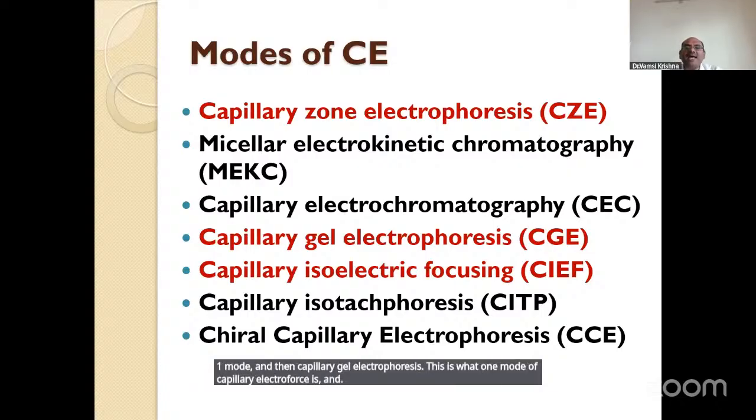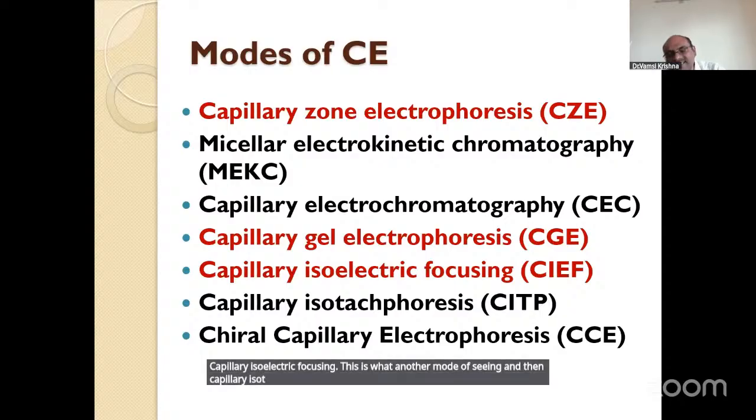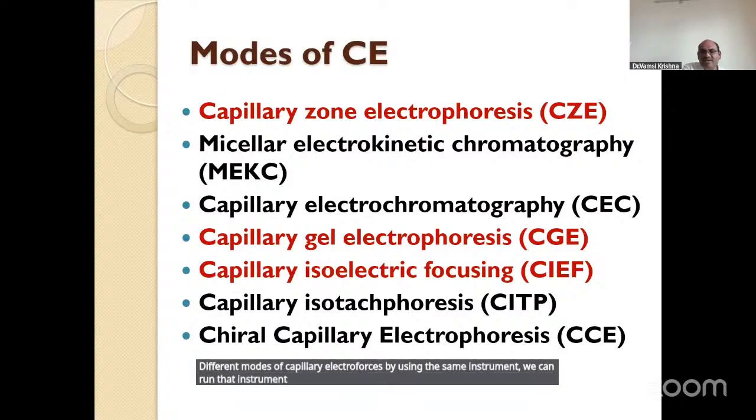Then capillary isoelectric focusing, another mode of CE. Then capillary isotachophoresis, and finally chiral capillary electrophoresis. These are the different modes of capillary electrophoresis. By using the same instrument, we can run it in these different modes.